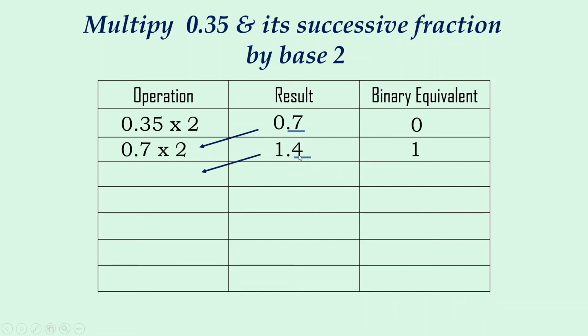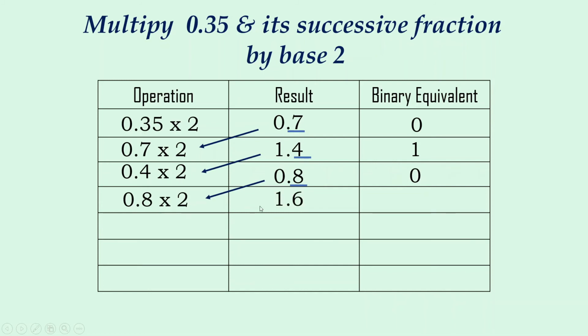Now for the next successive step, we will consider only this 4 and we will write 0.4 into 2. We don't have to consider this 1 while performing the operation. We will consider only the right hand side of the radix point. After multiplying 0.4 by 2, we will get 0.8. My binary equivalent will be 0, and we will take this 8 and multiply it by 2.